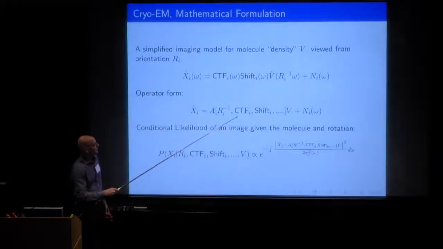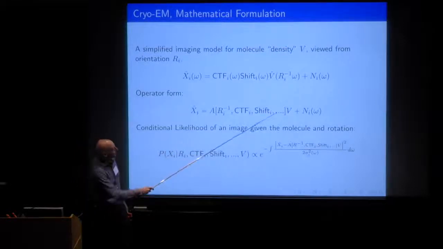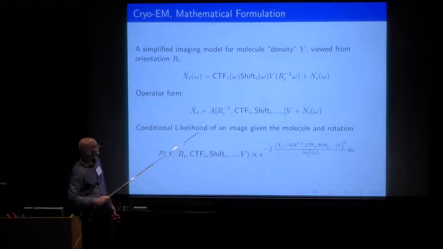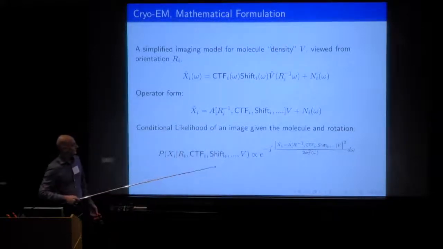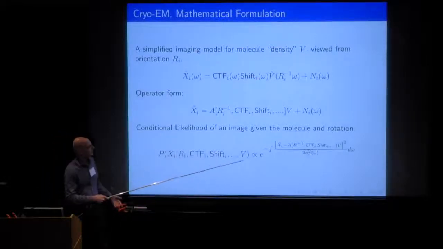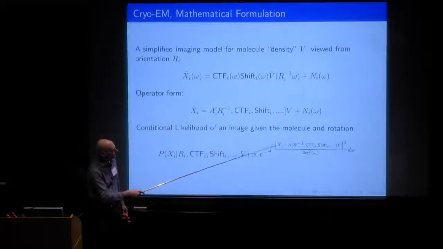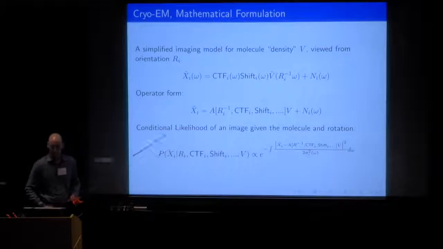So we can take everything and make this into an operator form. We have this three-dimensional object, we're hitting it with some kind of operator that includes everything, and we get an image. And out of this, we can compute a likelihood function for each of the objects, basically comparing the object to what we actually observe in an experiment.